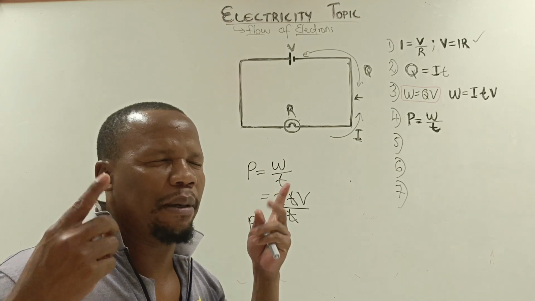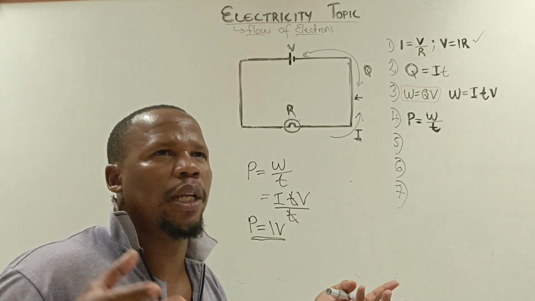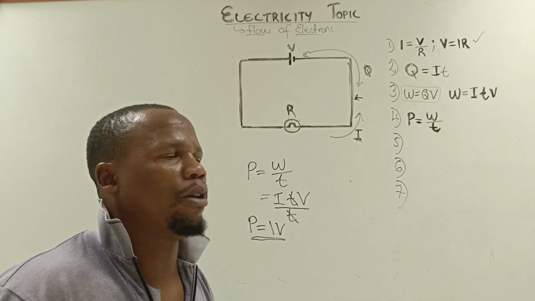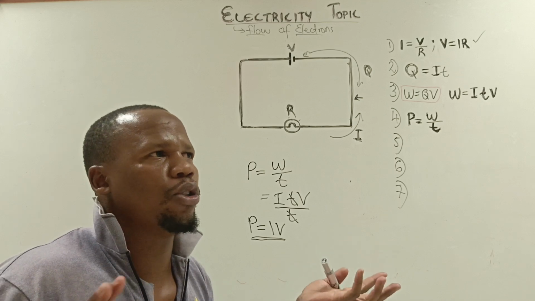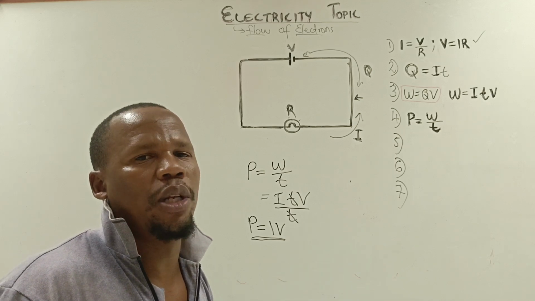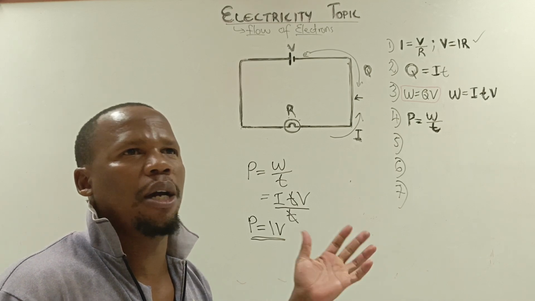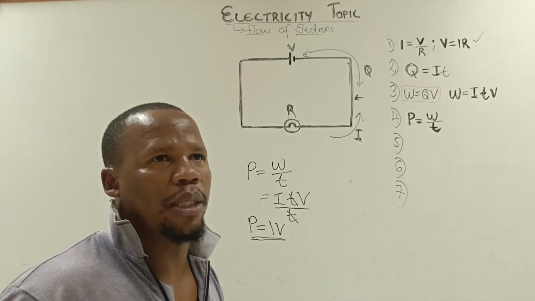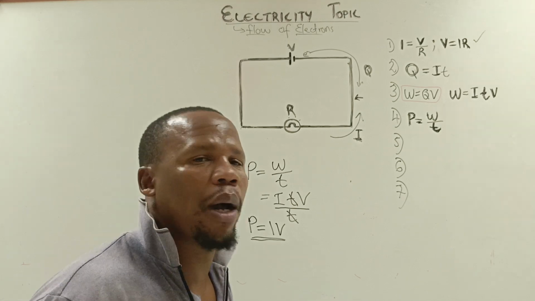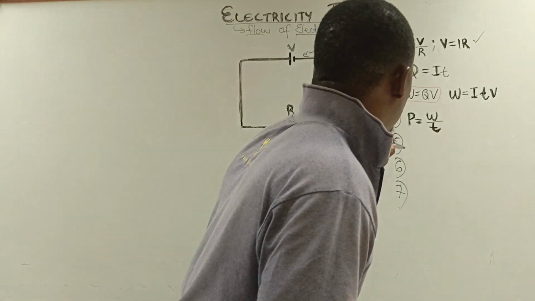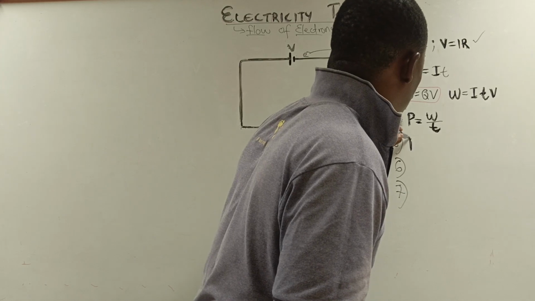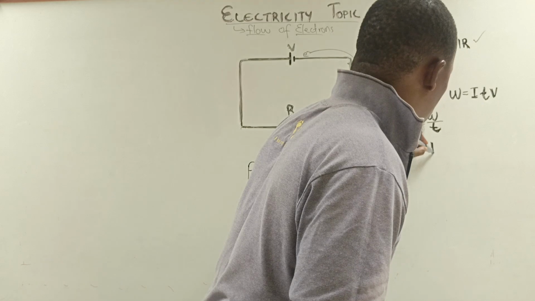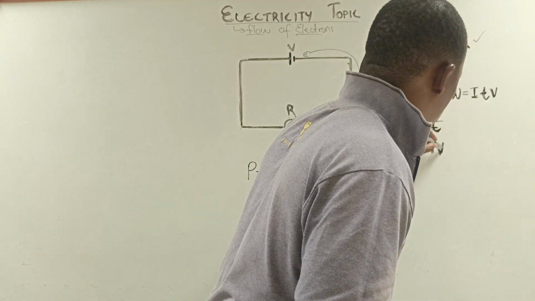So in my mind, Power is dating Ivy. So power equals IV. Power is equal to IV. Whatever it means, I use it to help me not forget that power is equal to IV.